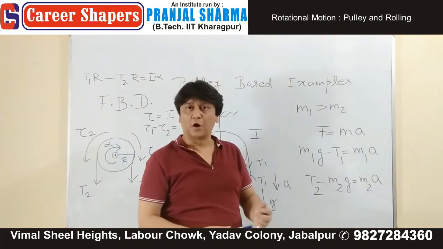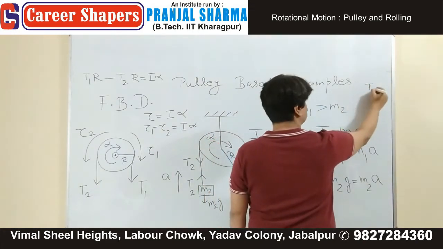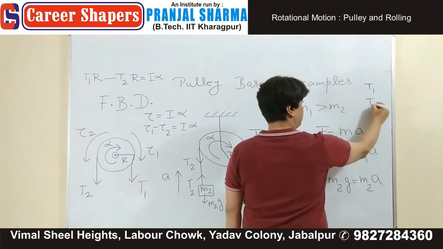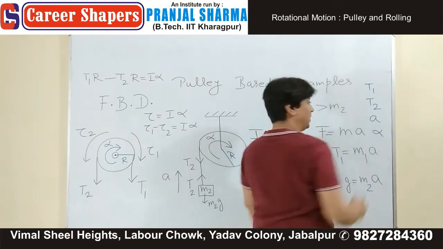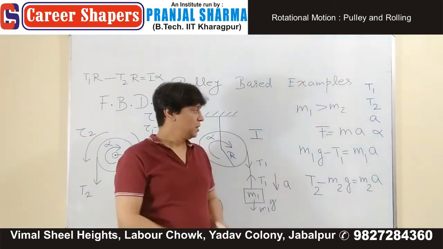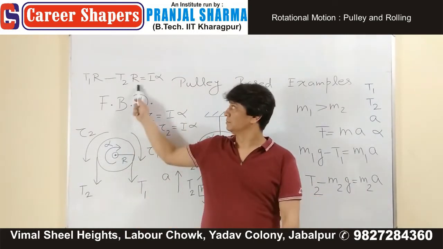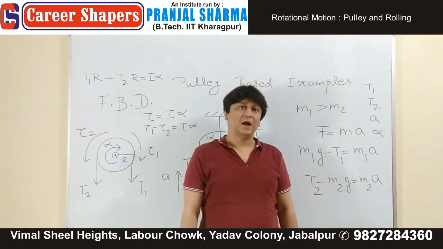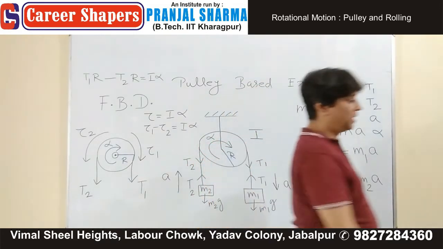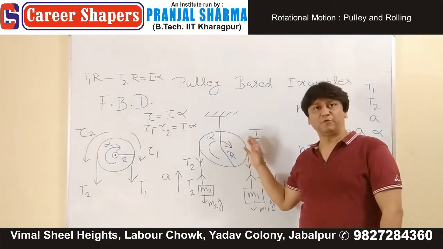Now, let's count the number of unknowns. T1, T2, A, and alpha. There are 4 unknowns, but we have got only 3 equations. We need a 4th equation, and that 4th equation is again with the help of the statement which we wrote.